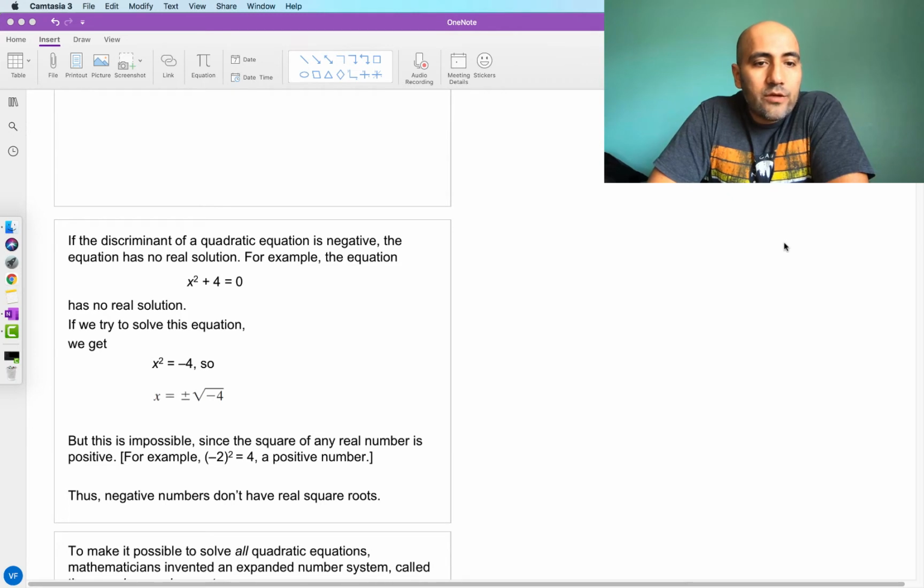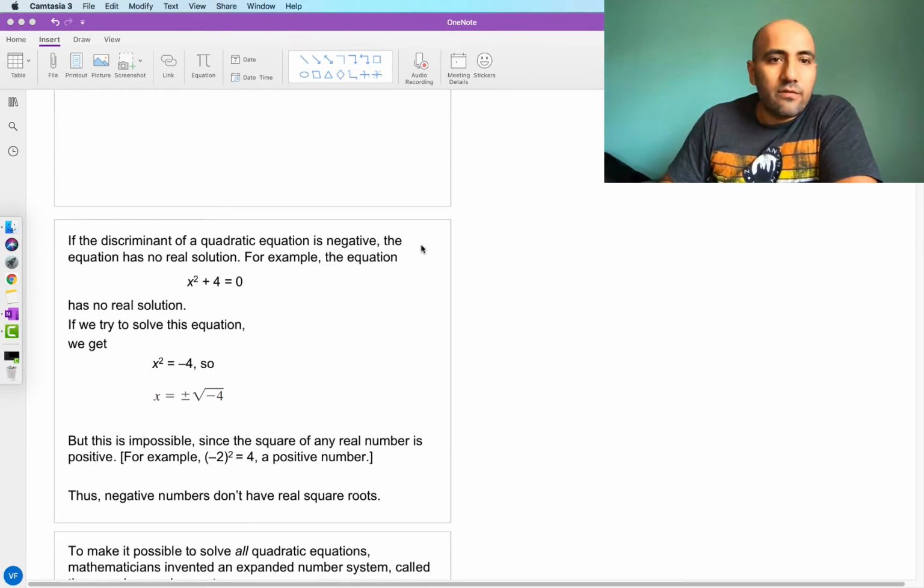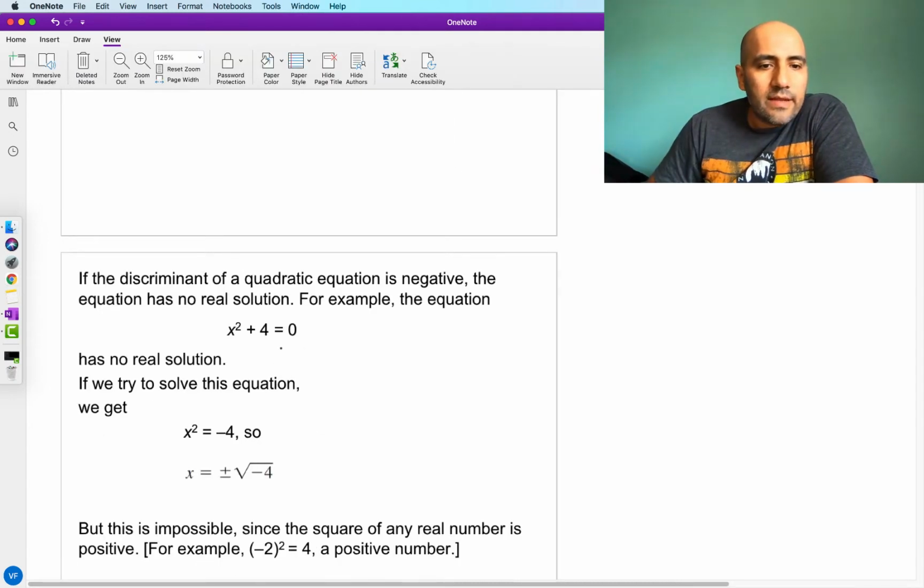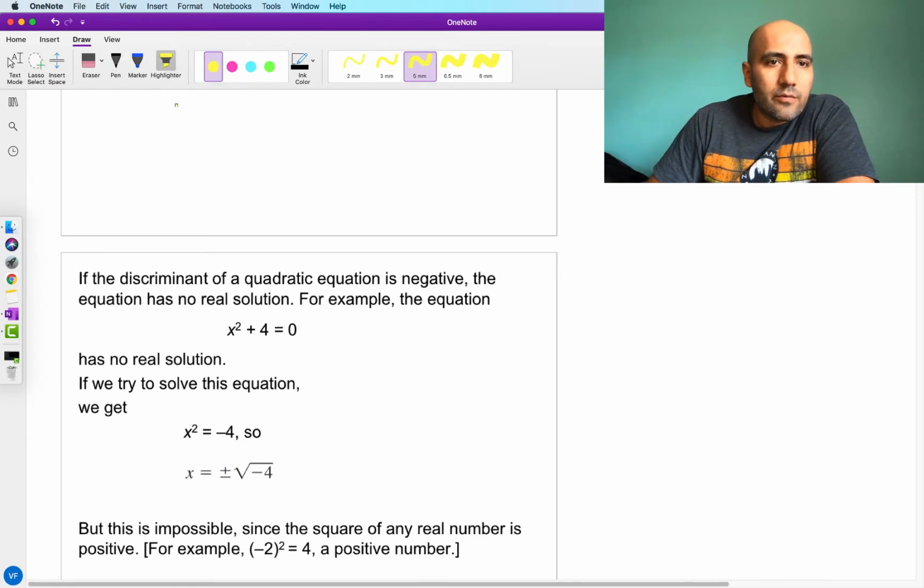This has no real solutions, right? We could determine that in a couple of ways. If you just look at this for a minute and think about it, in order for this to be true, we would need the result of x squared to be negative 4. Negative 4 plus 4 equals 0.